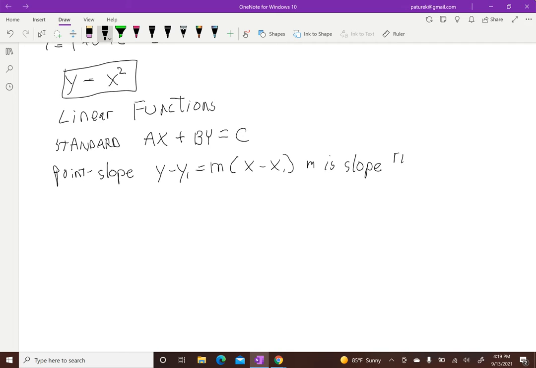The slope being rise divided by run, change in y value divided by the change in x value. The third way of expressing a line would be in slope-intercept form. That is y is equal to m, the slope, times x, plus b, which represents the y-intercept, that value of y when x is equal to 0.